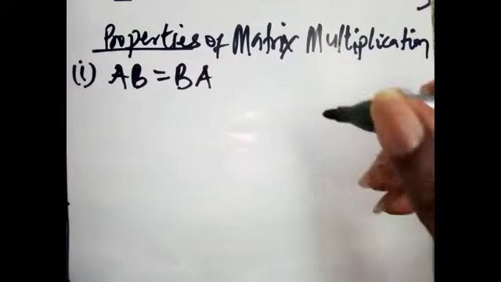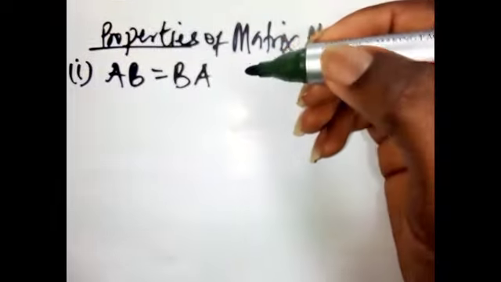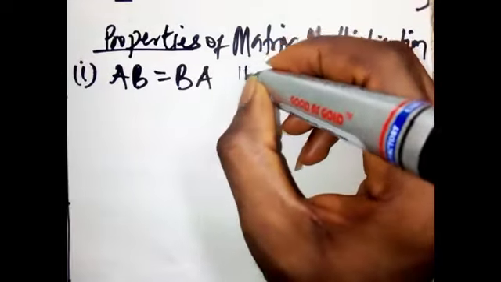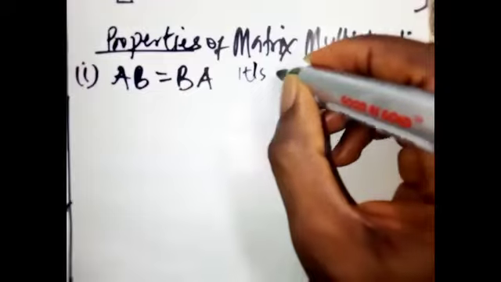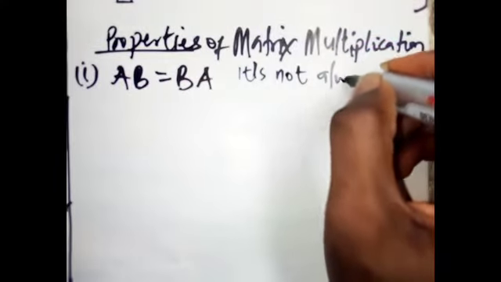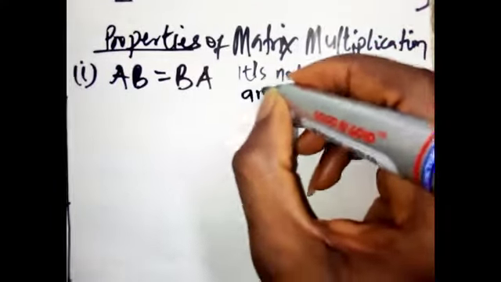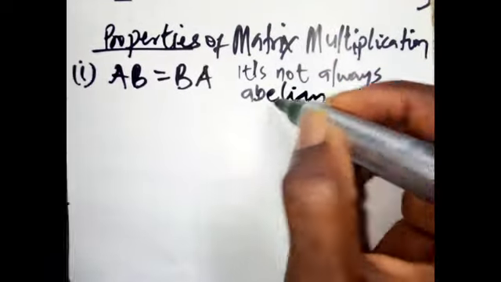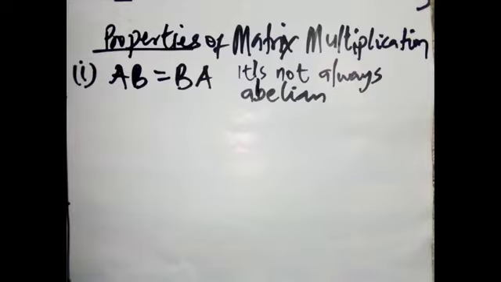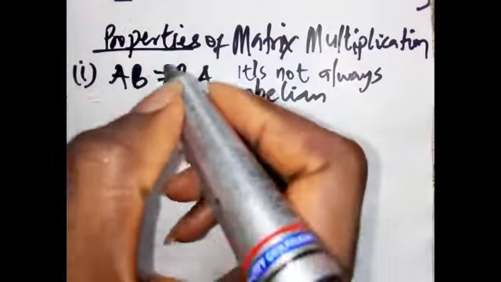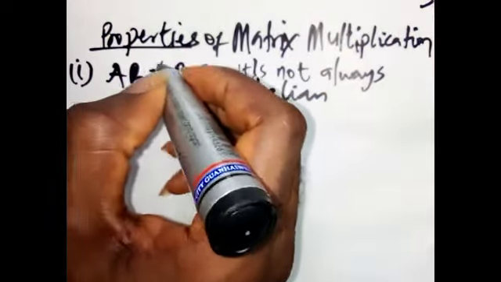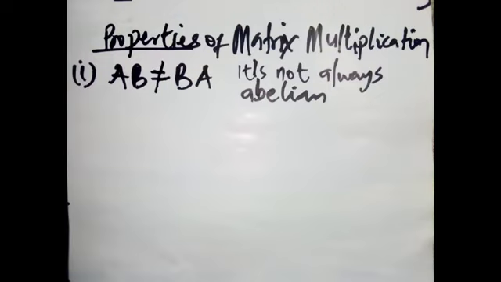So matrix multiplication is not always abelian.